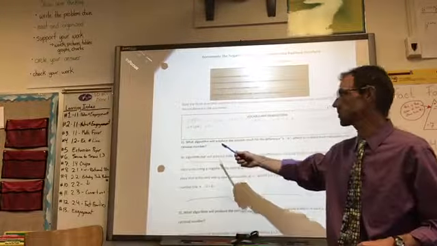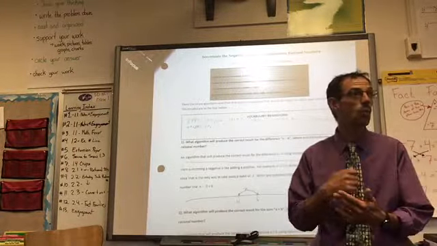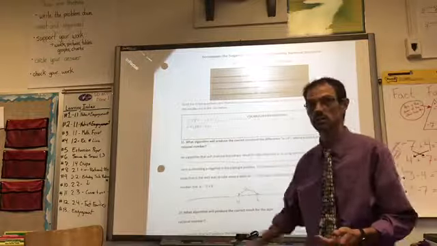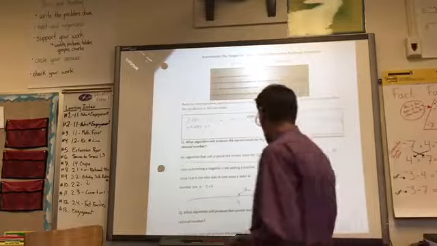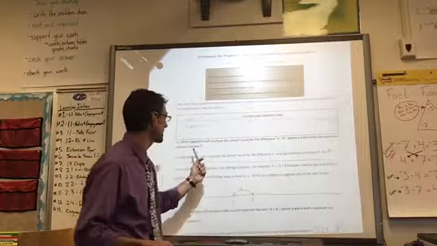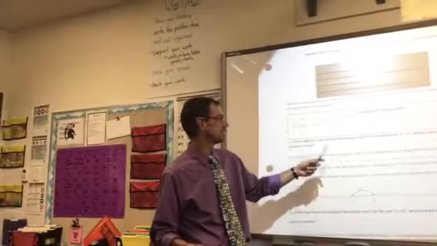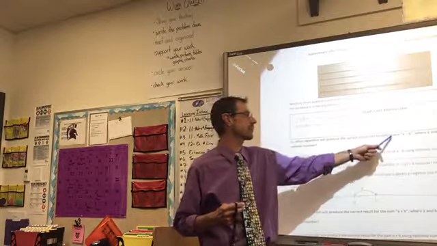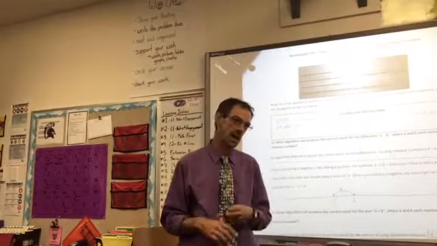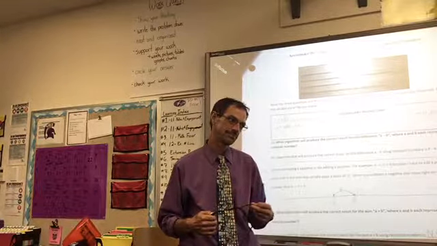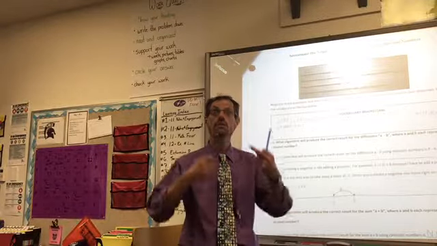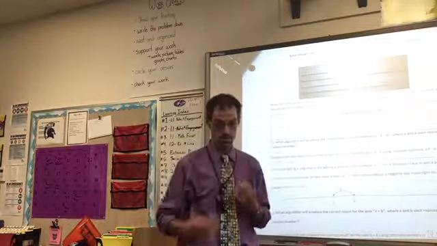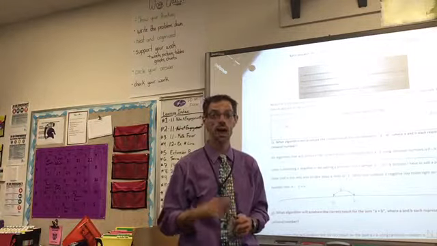So it says, what algorithm? Right off the bat, what word should I have in here? David. Algorithm. I should have algorithm in here. It's in the first question. Produce correct result for the difference. What mathematical word should I put in? Taya? Algorithm.